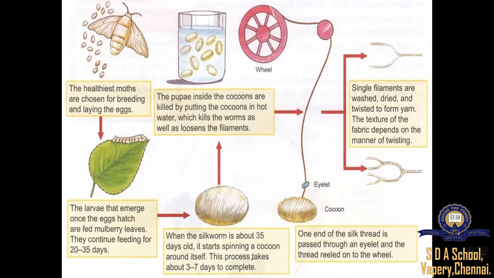Filament is nothing but the layering. Single filaments are washed, dried and then twisted to form yarn. The texture of the fabric depends upon the manner of the twisting. This is the process of silk.